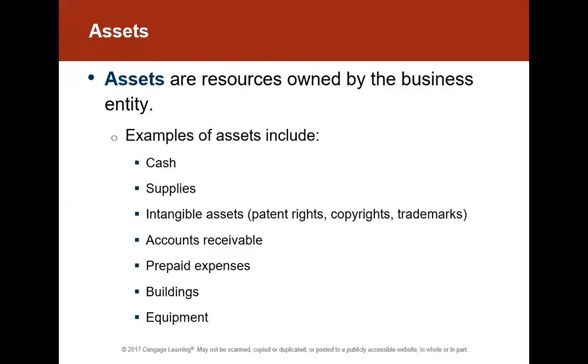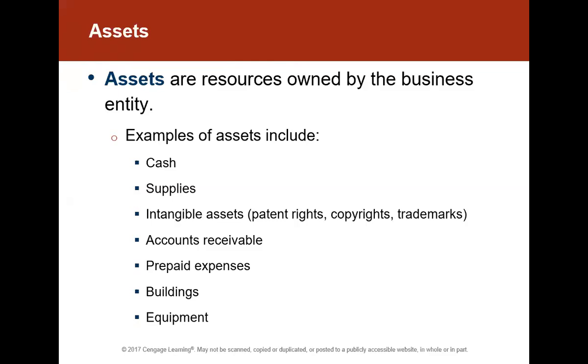Anyway, assets, we include cash, of course, supplies. We won't really deal with intangible assets in this class, so you don't really need to write that one down. Accounts receivable, which we've dealt with all three of those in last chapter. Prepaid expenses, which supplies is one prepaid expense, but another one would be prepaid insurance or prepaid rent.